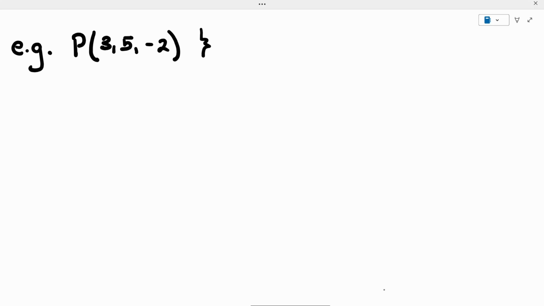And a vector perpendicular is 5i plus j plus 4k.